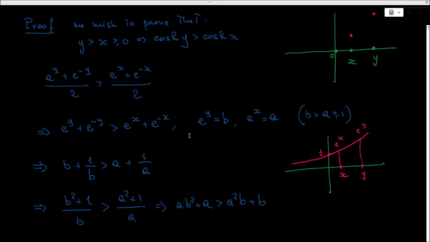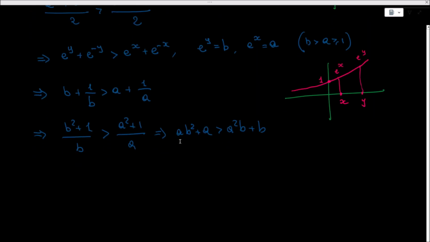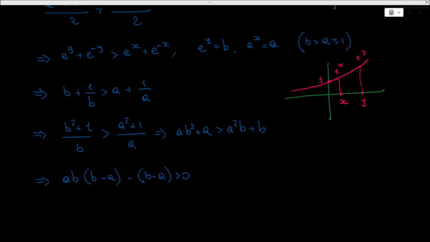Now again let's reshuffle all these terms, and we can easily factor out ab on the left hand side, and we have b minus a, minus b minus a. This should be larger than 0.